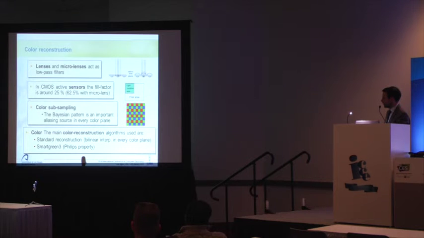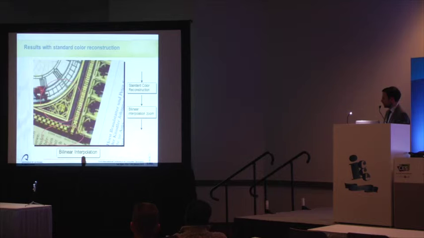We were based on two color reconstruction algorithms, one standard, directly based on bilinear interpolation, and one that was property of Philips, smart green 3. Okay, this is the idea. We have the standard color reconstruction and then the bilinear interpolation, and then we apply super resolution.